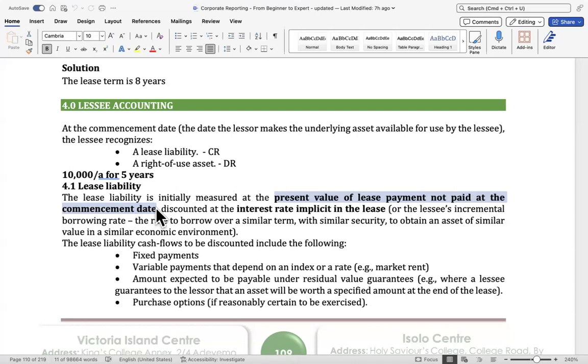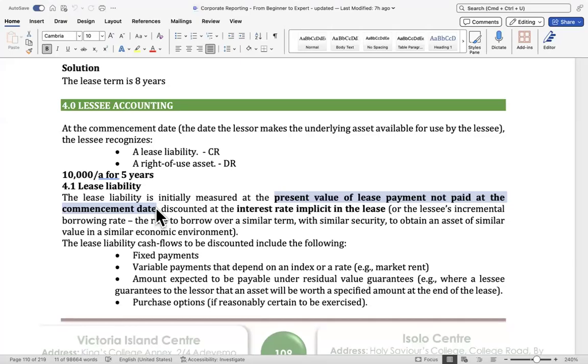Usually, the examiner gives you that figure in almost all the questions we have seen in your exam. They give it to you. If they don't give it to you, of course, they will give you the annual rentals that you're going to pay, and the period. They will give you the discount factor, most especially in this case, an annuity factor since it's an annual equal payment.